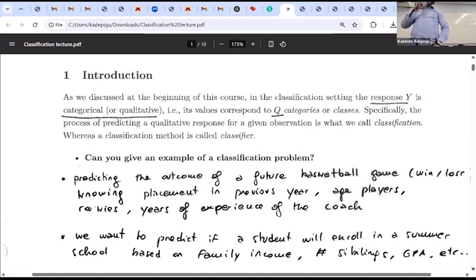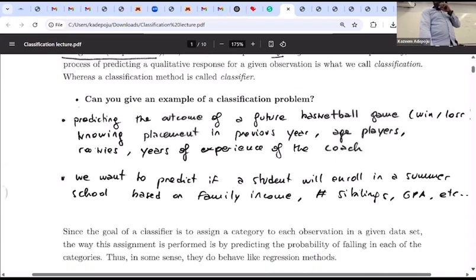Even in banks, customers may approach a bank for a loan, and the bank wants to classify the customer into whether they are going to default or not. So we need a classifier to be able to do that.